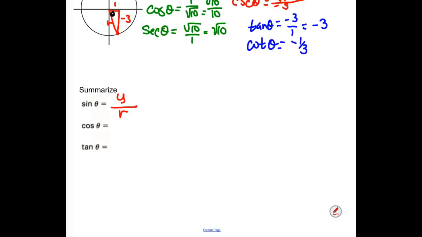For cosine, the adjacent was always the x-coordinate. So we'd have x divided by the hypotenuse, which was, in this case, the radius of our circle. And tangent was always opposite divided by adjacent, and opposite was y, adjacent was our x-coordinate. So that's a quicker way. We don't have to worry about that whole opposite, adjacent, hypotenuse notation. The sine will be y divided by the radius, cosine will be x divided by the radius, and tangent will be y divided by x.